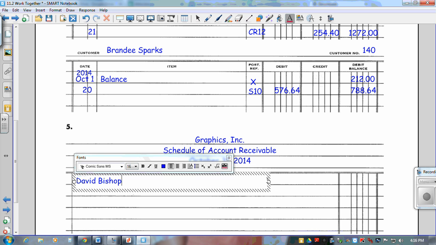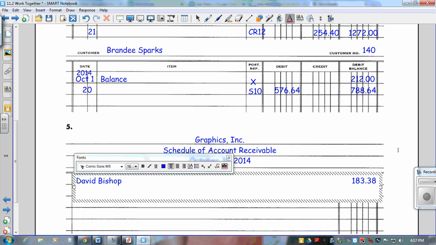Going to come over here to the amount column and put in how much he owes. He owes $183.38. The next one we have is, if you look up above, is Maria Farrell. And it looks like Maria Farrell owes a balance of $286.20.